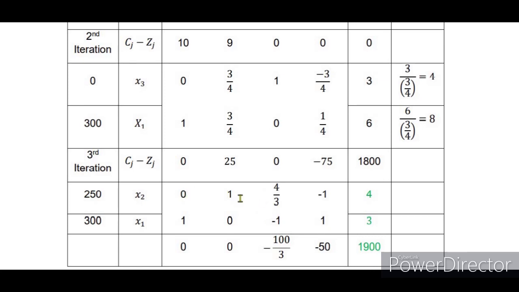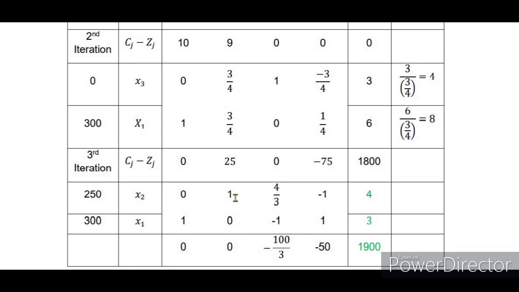Why? Because when we multiply 3/4 by the value here, the value 0, so 0 times 3/4 is equal to 0. Now we will subtract 0 from the previous value of x sub 1. So 1 minus 0 is equal to 1. Okay. Next, the value here in the next column is 1.